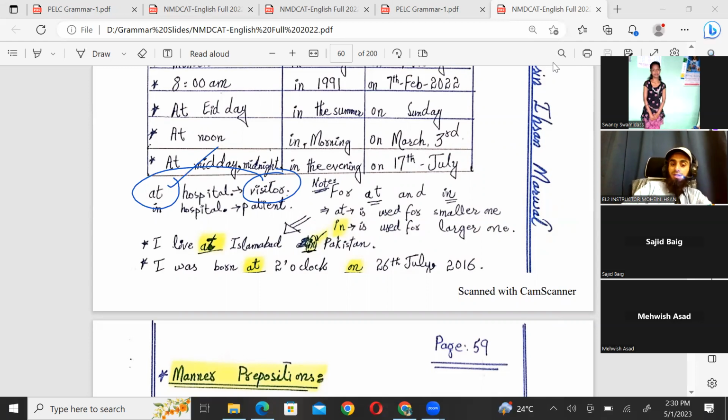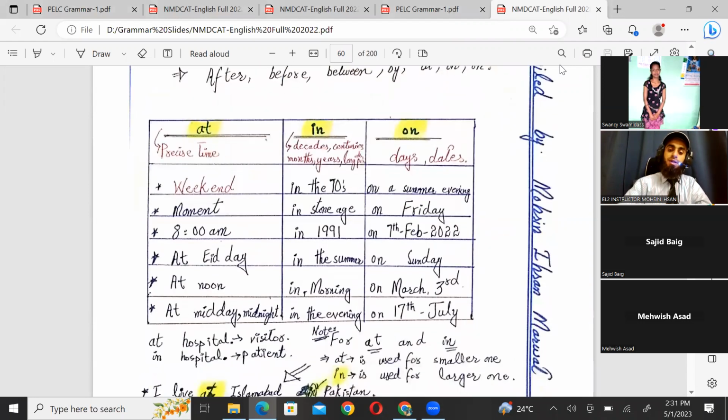But if you are a patient yourself, you should say I am in hospital. If you are a patient, you would say in, because you are admitted actually. If you are a visitor, you must say at hospital. This is the exception. I hope this is clear.